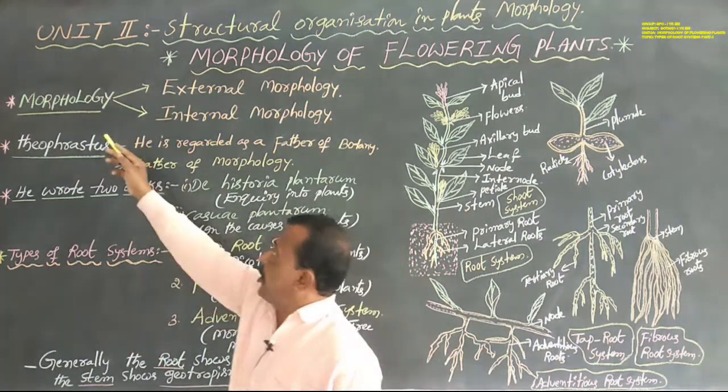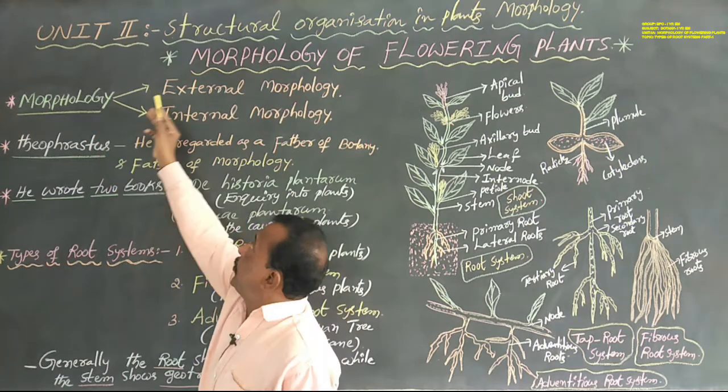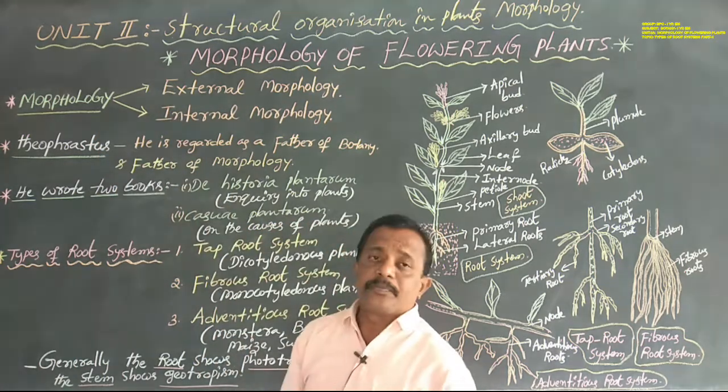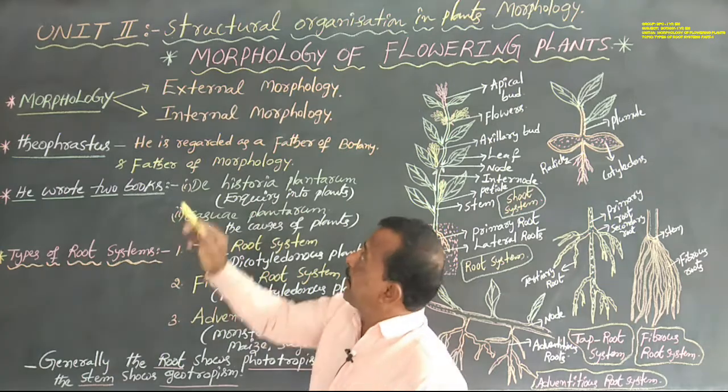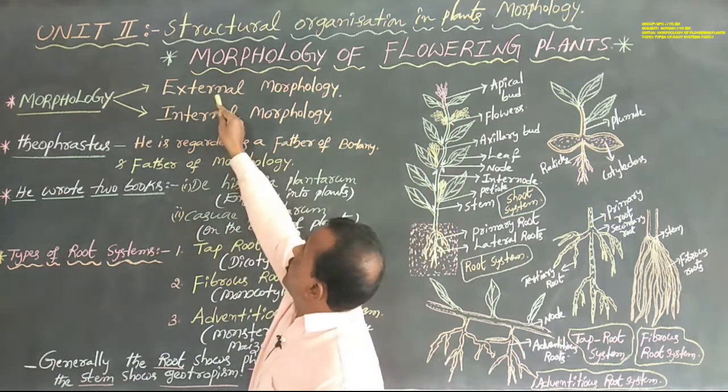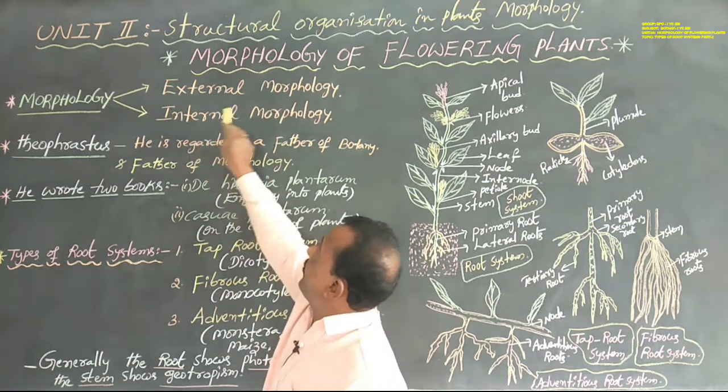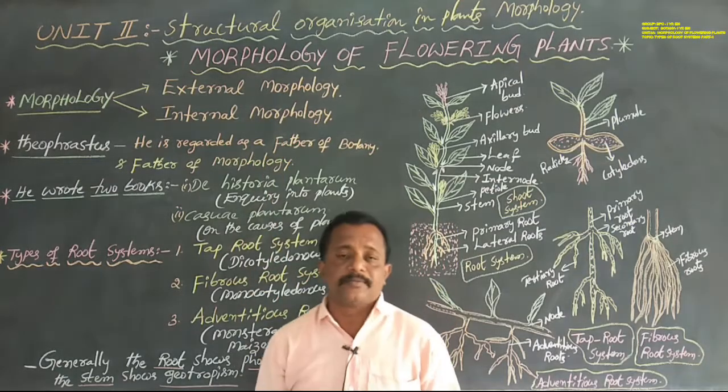Morphology can be divided into 2 branches, namely, first one external morphology, second one internal morphology.